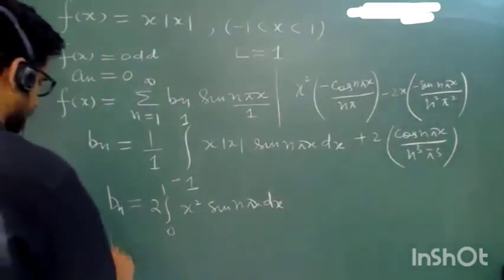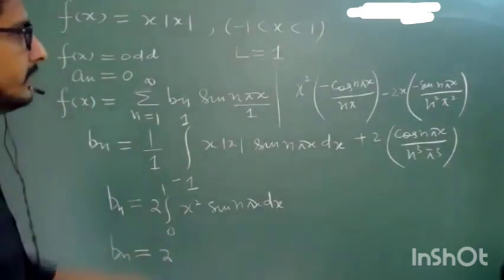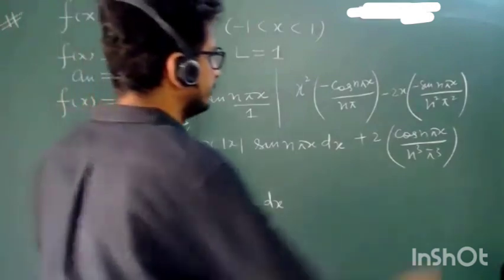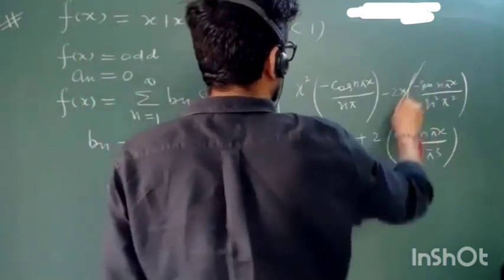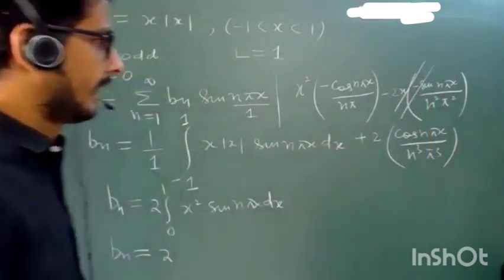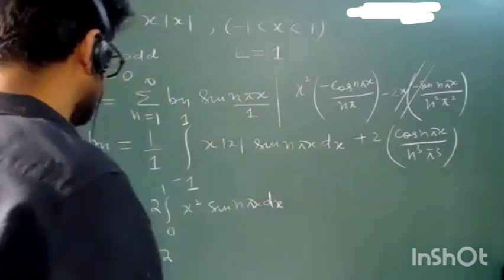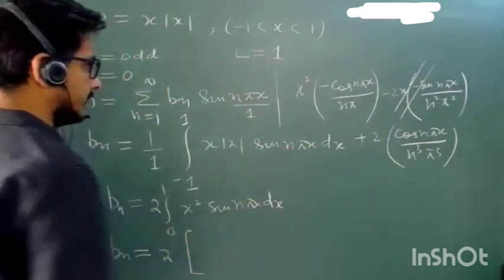So b_n will be 2 times. Now see, the limit is 0 to 1. So this term will be 0 at 0 and also 0 at 1. So this will not be taken care of. And let us check this term: upper limit minus lower limit.